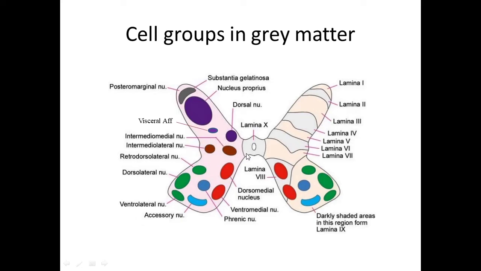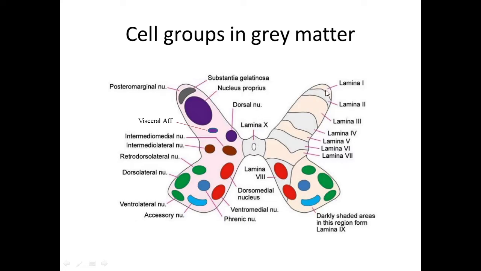Now recently there is a new concept, and according to that new concept, this gray column is divided into laminae. There are around 10 laminae. So this is the laminar arrangement of the gray column.